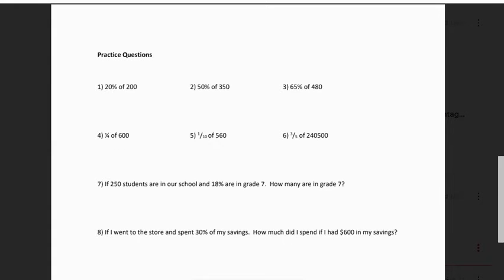So we look down here: what is 20% of 200? Well, I'm changing it to 0.20 and timesing it by 200, and 2 times 2 should get 40.